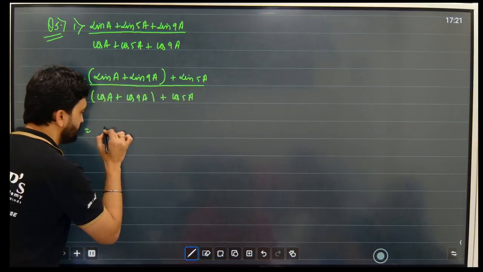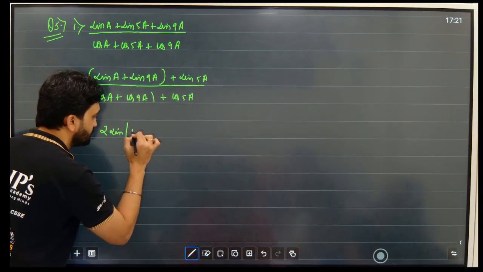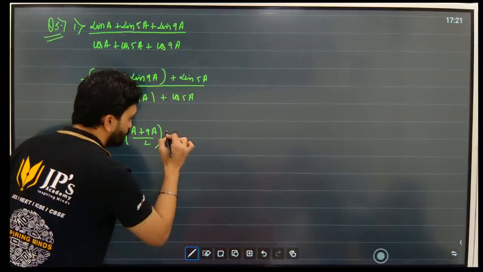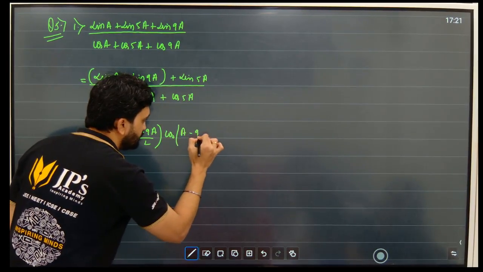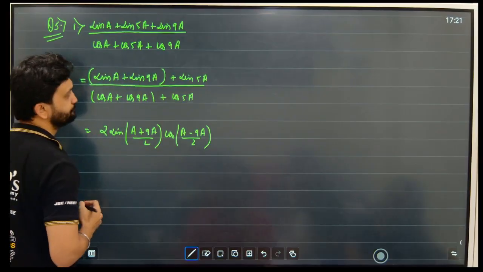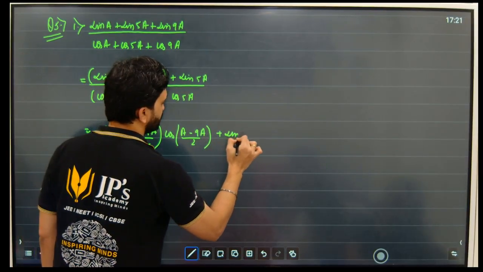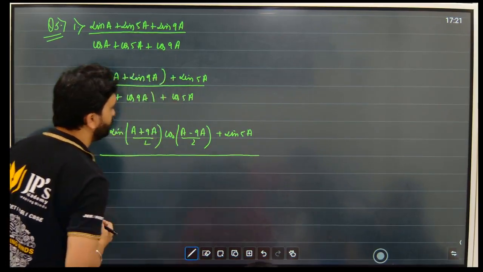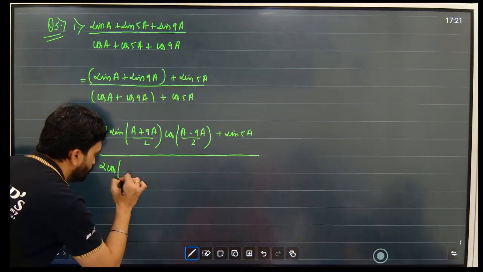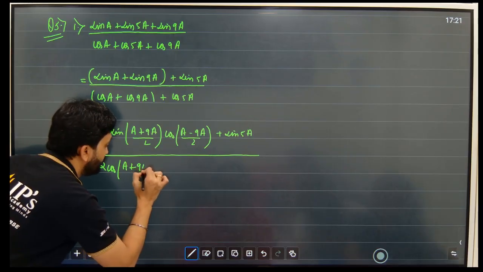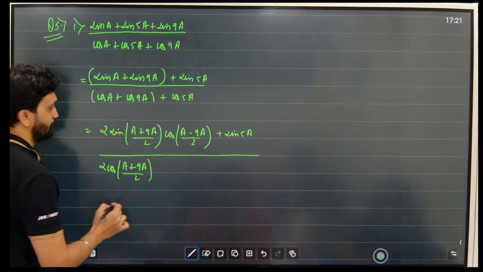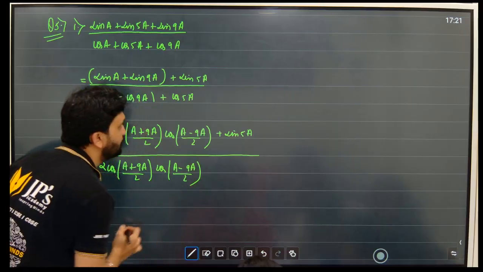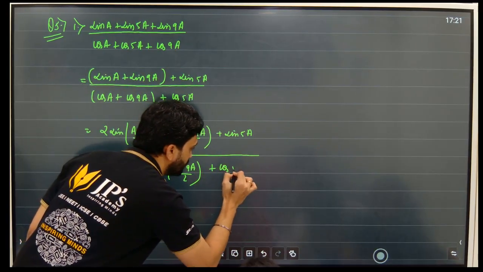Sin c plus sin d will become 2 sin of c plus d by 2, cos of c minus d by 2, plus sin 5a, the whole upon 2 cos of a plus 9a by 2 into cos of a minus 9a by 2 plus cos 5a.